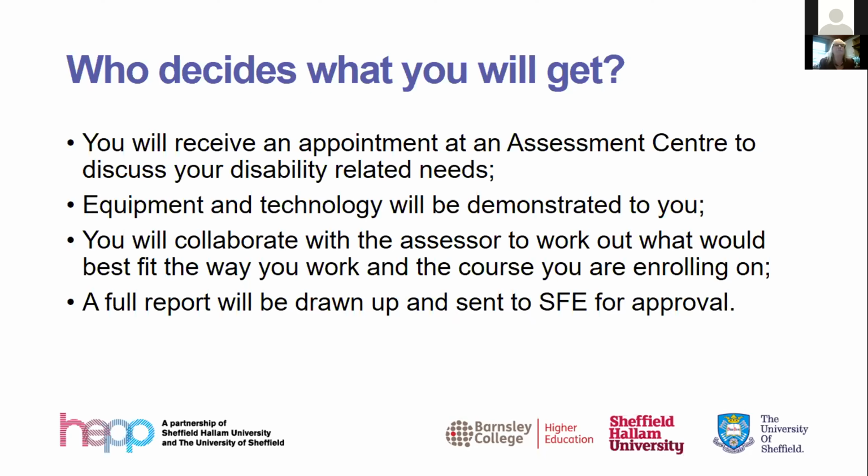There's no point in having something if you feel that you're never going to use it. So collaboratively, the assessor spends some time working out the shopping list of what you will need and why you need it. Obviously, they've got to justify why you need it. Then they put together their report, and that goes off to Student Finance England for approval and then for purchase.